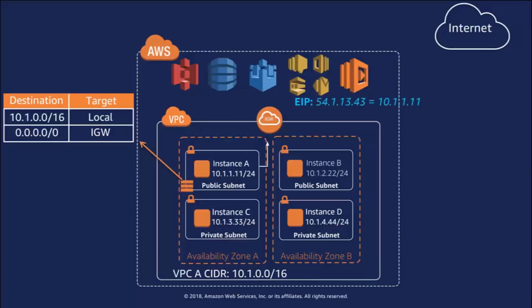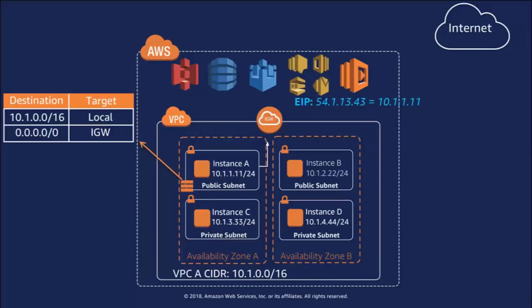Now from there, as the 10.1/16 address range is actually a private address range, we'd like to have a public address that's representative of that instance. And this is what we call an elastic IP. So in this case, we've got an elastic IP, 54.1.13.43, which is representative of instance A's private address.